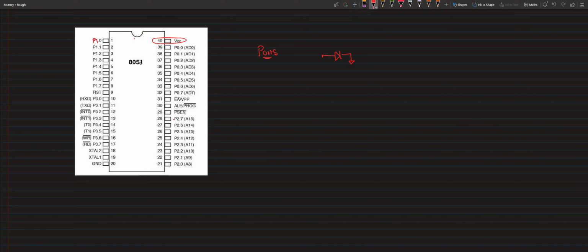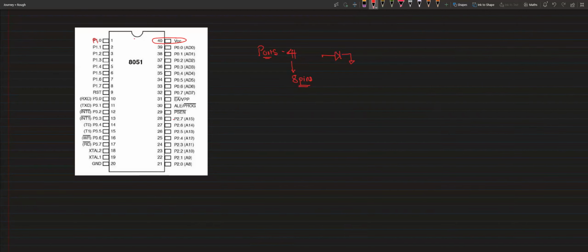Such 4 ports are there in the 8051, and each port has 8 pins. How many ports do we have? 4 ports, and each port has how many pins? 8 pins.